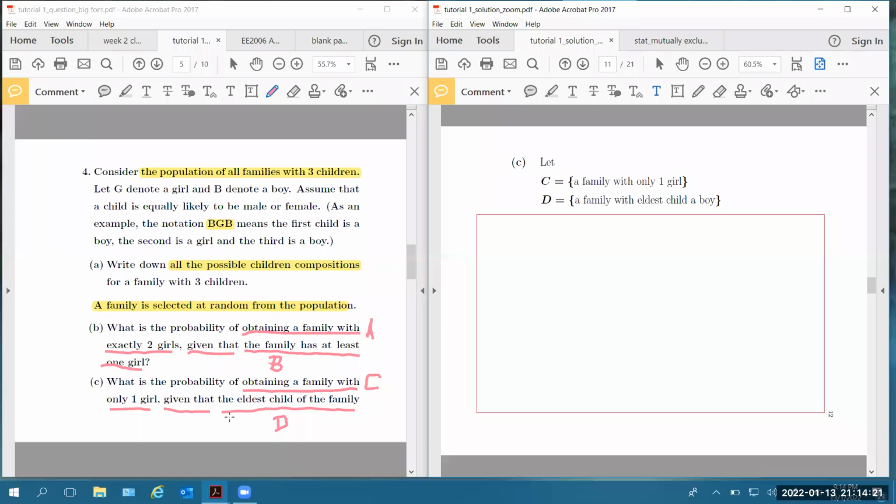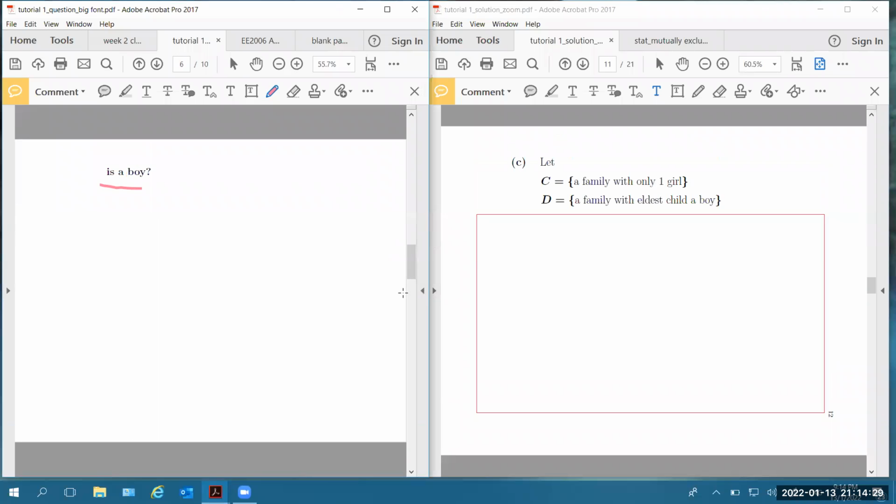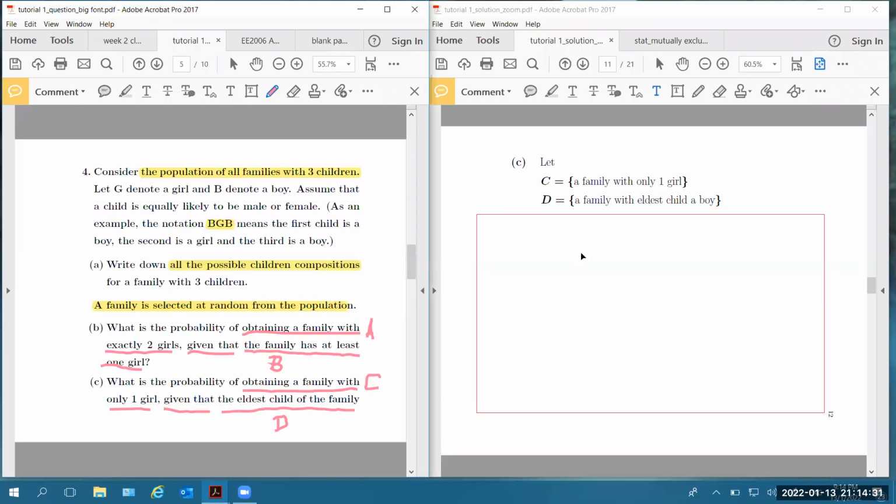And then D is the eldest child of the family is a boy. So eldest child is a boy. That means a family with eldest child a boy. All right. So this is my C, this is my D.